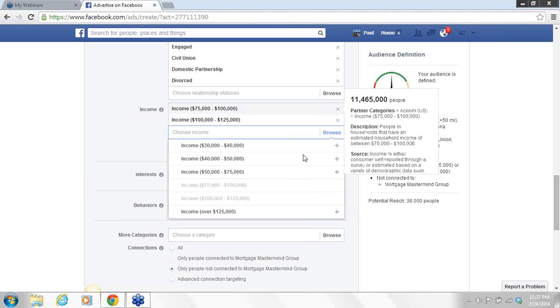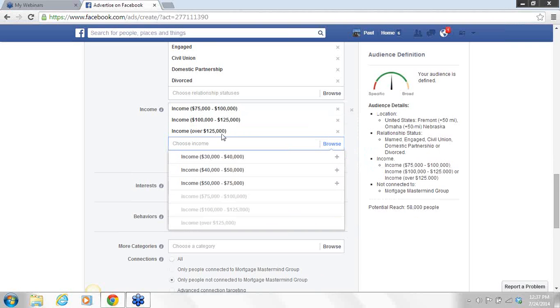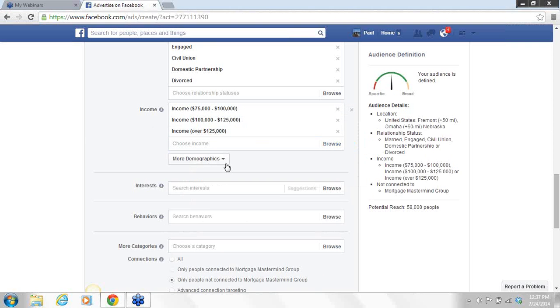So yeah, there we go. Now I can add multiple income criteria. So I only want people making $75,000 or over $125,000. So I've selected those three groups from the demographic. And now that's who I'm targeting, only people that have that as their income criteria.